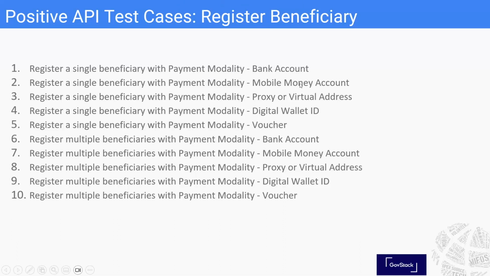We could test them by sending in these as payment modalities, and these should all return a positive response because these are allowed. Then again, because we allow beneficiary registration in batches as well, you could register multiple beneficiaries with payment modalities, all for bank account or mobile money account.